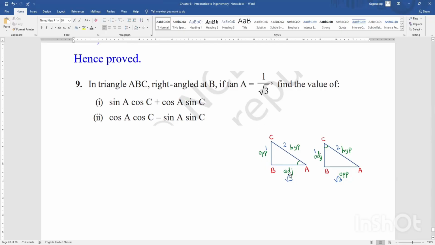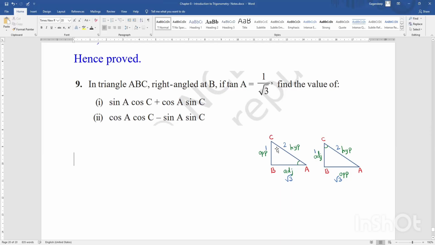Now if I take this triangle ABC, you have 1 and root 3, so tan A is opposite by adjacent, 1 by root 3. And then what will be AC? AC will be 2 by using the Pythagoras theorem.